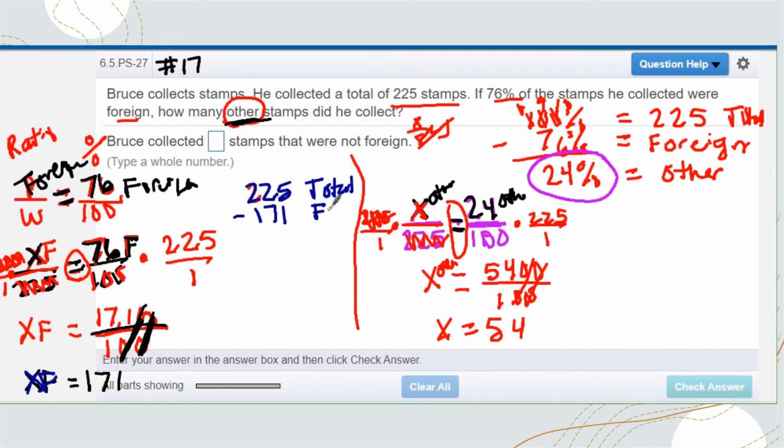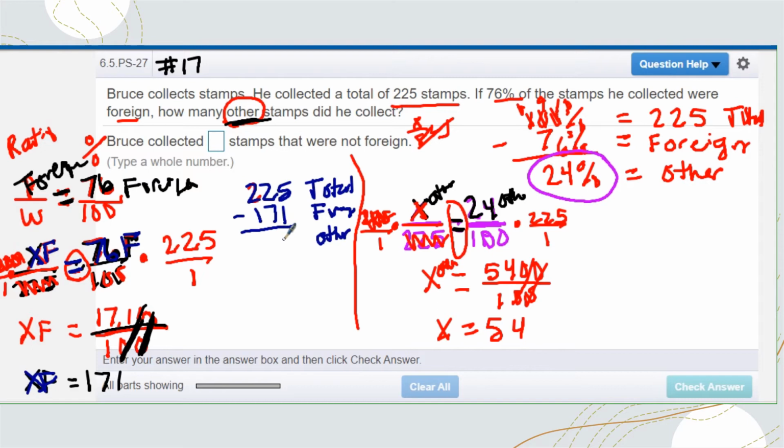How do I know it's foreign? Because in the original it was equivalent to the foreign percent. So the x, when I solve for the variable, is going to be equivalent to the foreign part of the ratio. So once I subtract here, total minus foreign is going to give me other stamps.